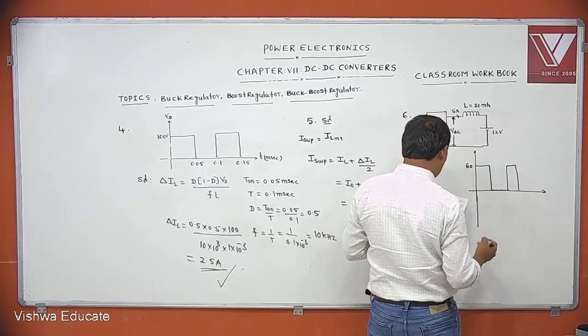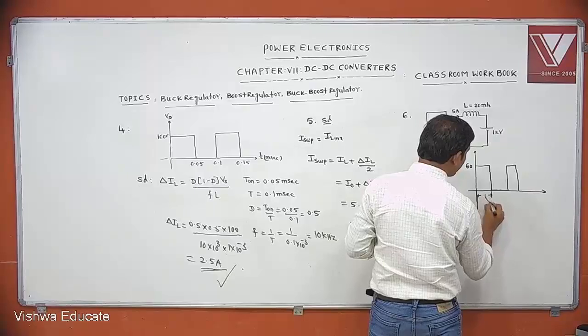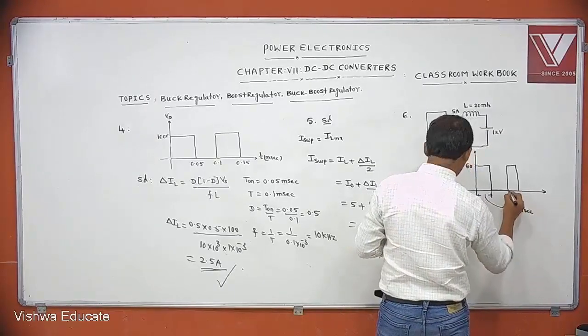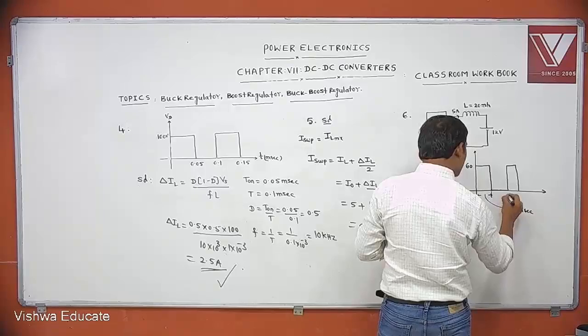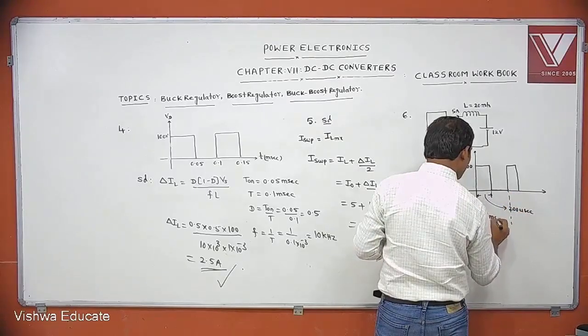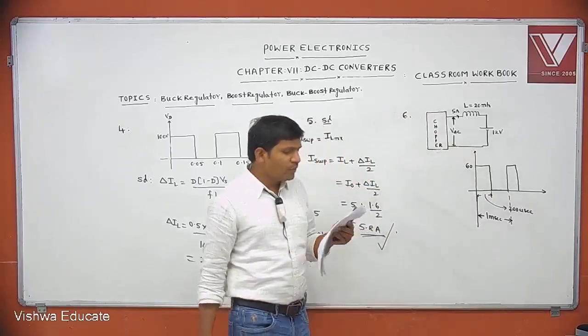The on time is given as 200 microseconds, and the total time is given as 1 millisecond. In this, you find the peak to peak ripple current.